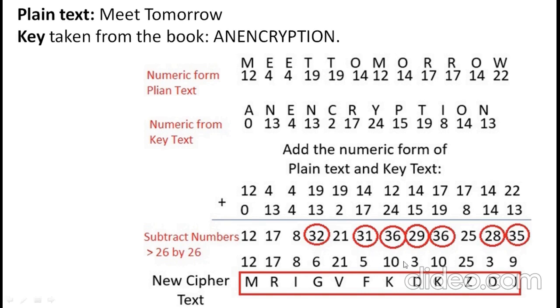Then 36, subtract by 26, we get the value 10. 29, subtract by 26, gives 3. 36, subtract by 26, gives 10. 25 stays as 25. 28, subtract by 26, it's actually 2. Then 35 gives 9. So like this, if you subtract, you will get the new cipher text.